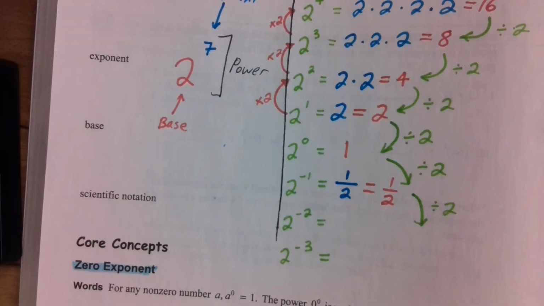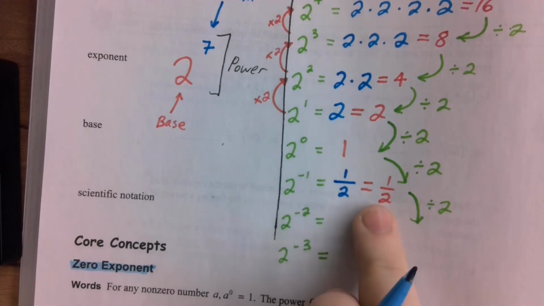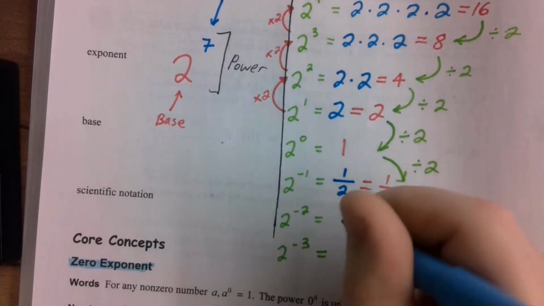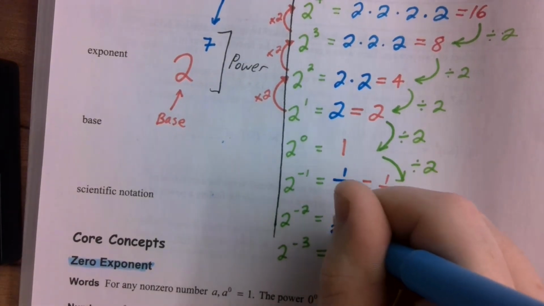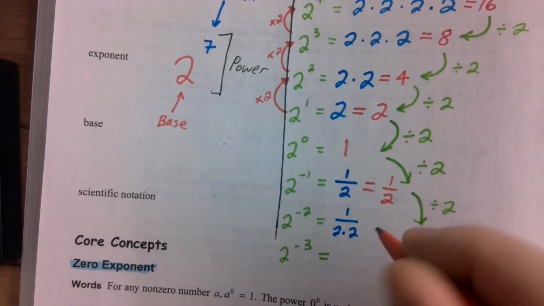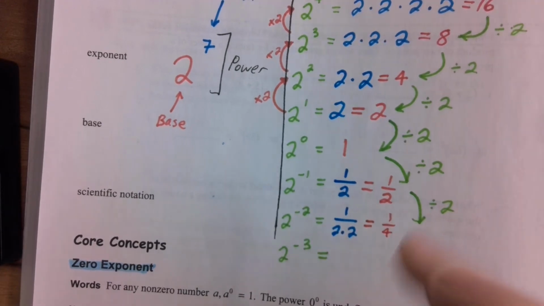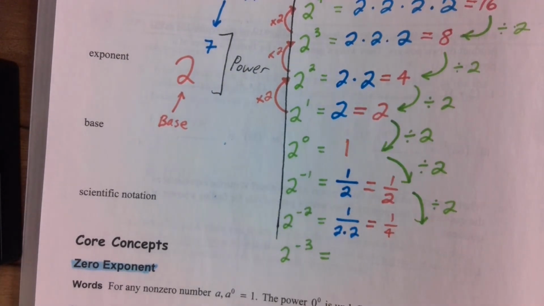So let's apply this with dividing 1/2 by 2. Well, 1/2 divided by 2, that means that we're multiplying the denominator by 2. 1 over 2 times 2. Well, what's 1 over 2 times 2? It's 1/4. So we go from 1/2 to 1/4.